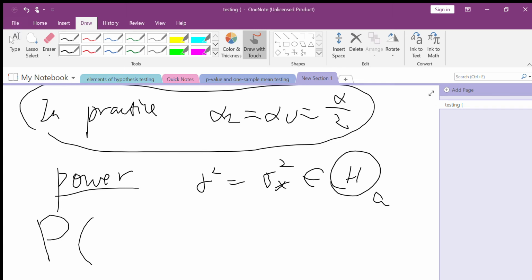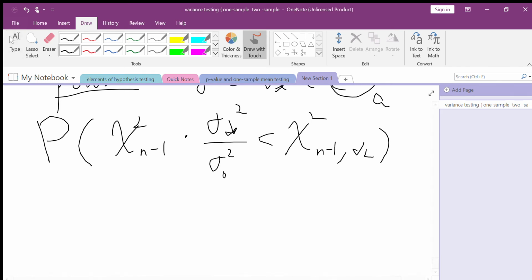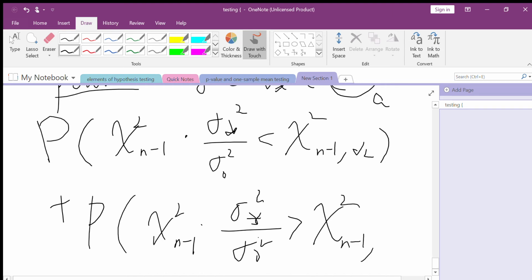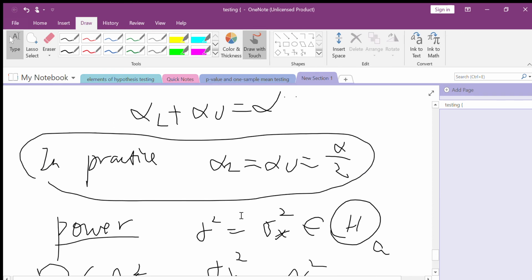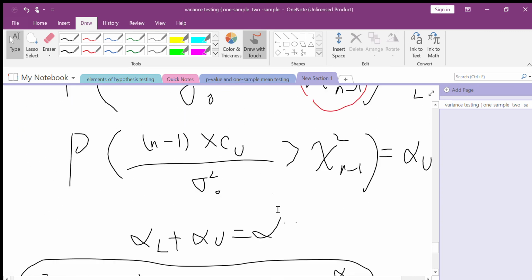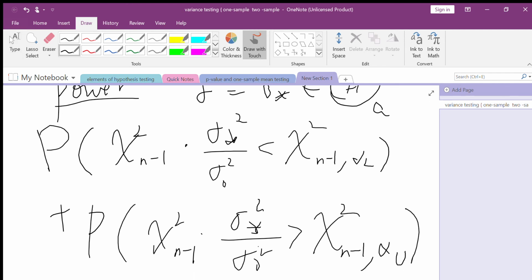Then the power function is the probability that chi-square n minus 1 times sigma star squared over sigma 0 squared is less than chi-square n minus 1 alpha L, plus the probability that chi-square n minus 1 times sigma star squared over sigma 0 squared is greater than chi-square n minus 1 alpha U. Be careful of the notation because we use the upper quantile.